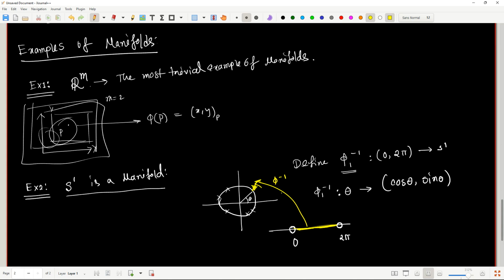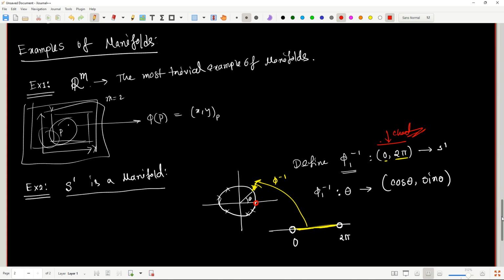Since this is an open interval 0 to 2 pi, you can see that the point over here is not getting mapped. So we need to have another chart that will cover this point and the other points.